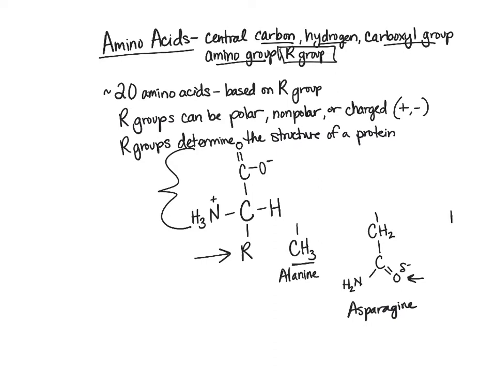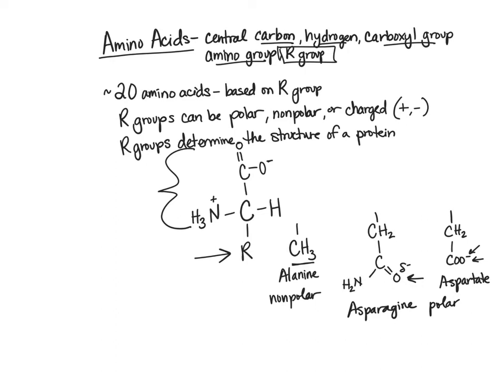Or a more common one, CO minus, another carboxyl group, and this is aspartate. So this would be another example of a polar group that would interact with water when we're talking about a protein. And so we have these different types. We have our nonpolar, we have our polar, and charged groups, which has a negative charge there.